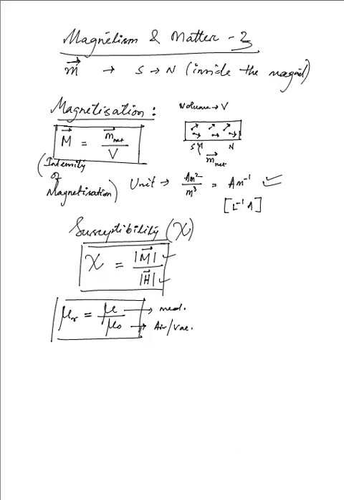Be that as it may, we can relate these two, and how do they relate? Here is a piece of magnet, or a magnetic material, and it is subjected to some external magnetic field. The external magnetic field obviously is acting in free space.